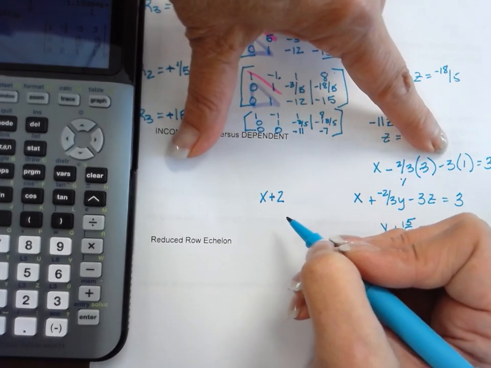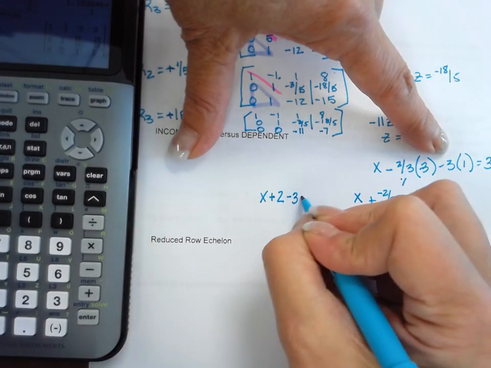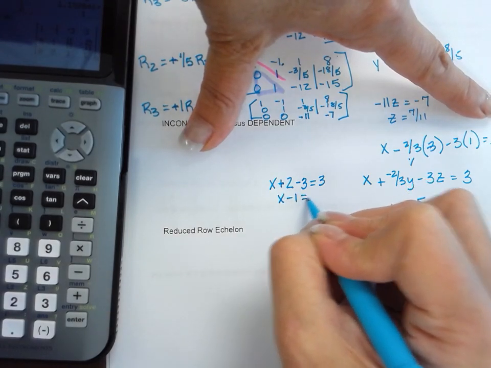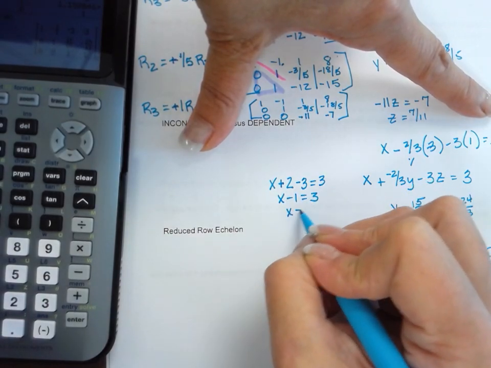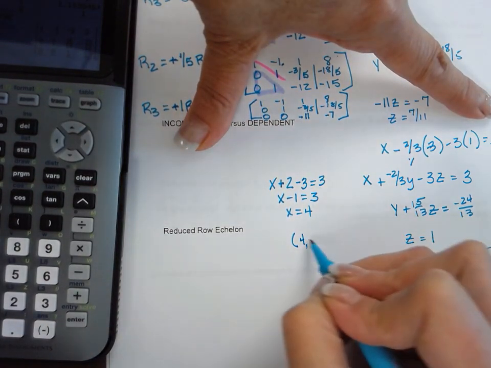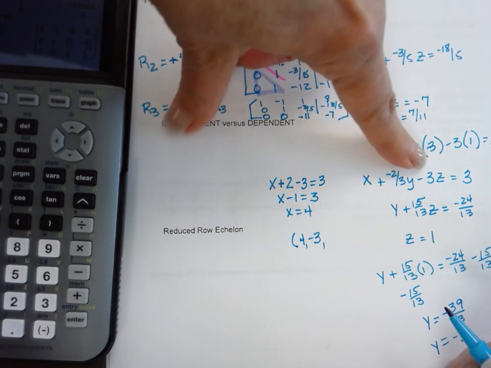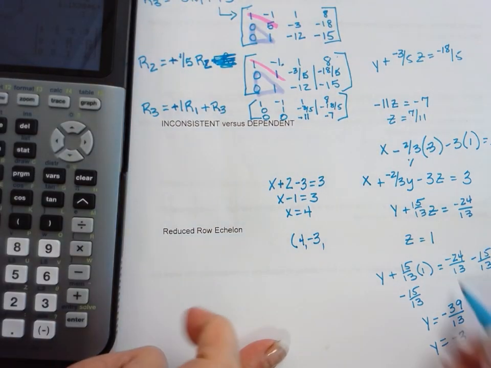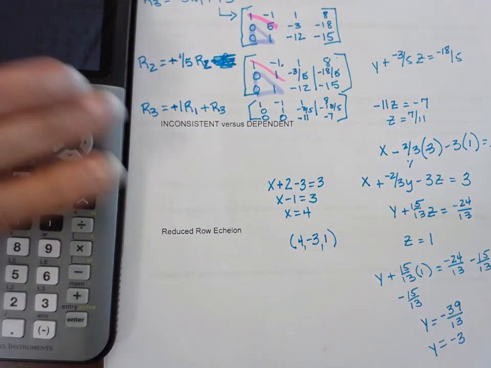Negative 3 times 1 gives me negative 3 is equal to 3. So x minus 1 equals 3. So x is equal to 4. So I get 4, negative 3, and z is 1 as my answer.